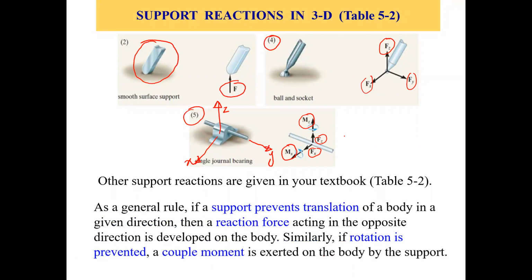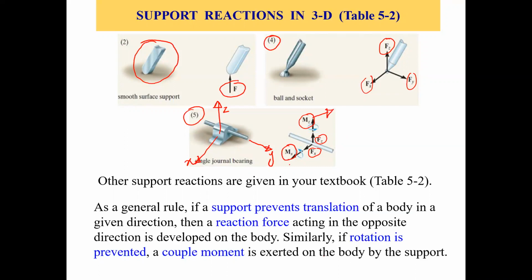Okay, so as a general rule, if a support prevents translation of a body in a given direction, then a reaction force acting in the opposite direction is developed on the body. We already know this, right? We have been talking about this in the earlier chapters also. Now, similarly, if the rotation is prevented, a couple moment is exerted on the body by the support, as we saw here, right?